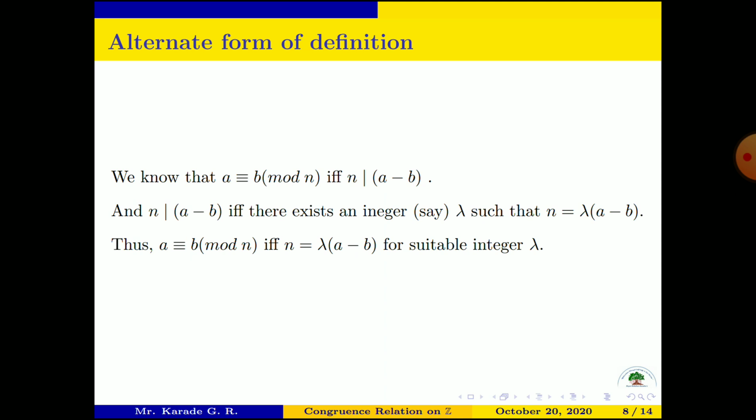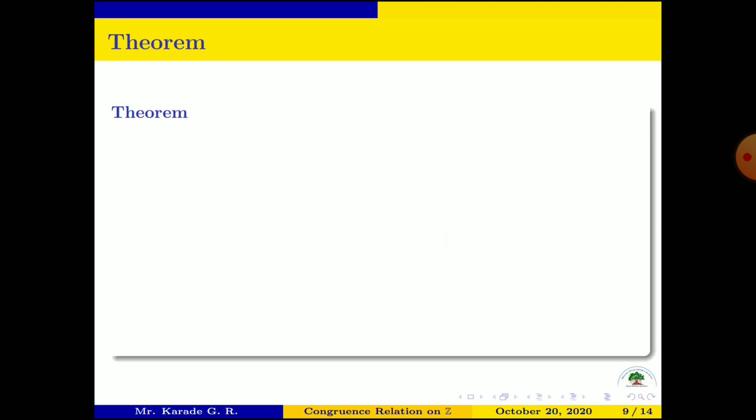So this is the second definition for the congruence relation. Okay, so this is also important, keep in mind this definition. So let us see the theorem on the congruence relation modulo n.